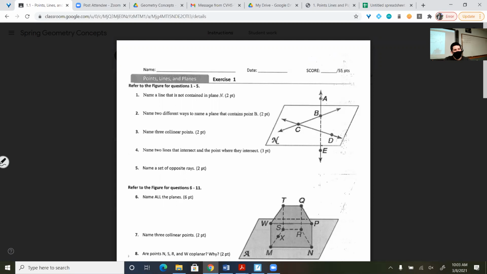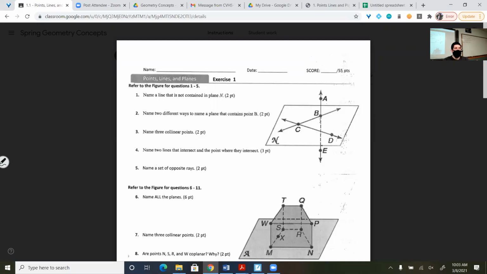Now, what you may notice is that it does have point A and it does have point E, but the point where this line crosses through the plane is point B. So this line actually has 3 collinear points because A, B, and E are all found on this line. Now, since we have 3 points, that also opens up different names that we could have for this line. I've been calling it line AE.